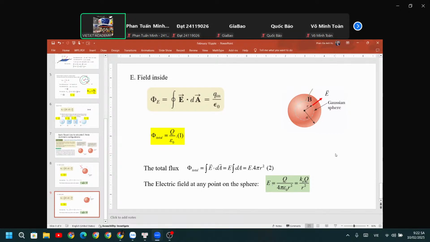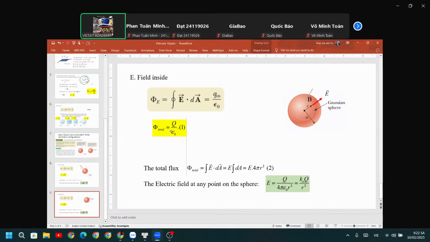Yes, because of the symmetry of the system, of the configuration. It could not be in another direction. E must have this direction only.